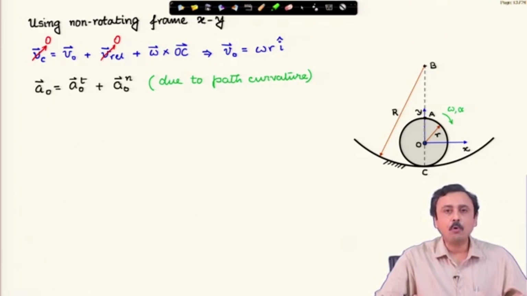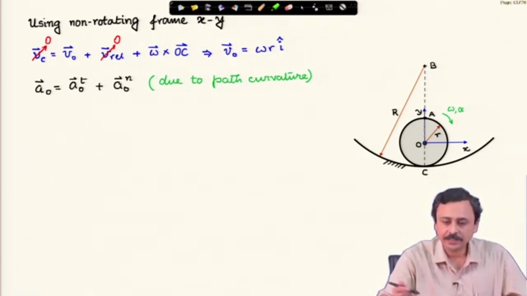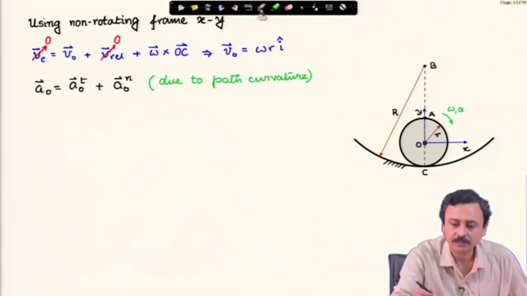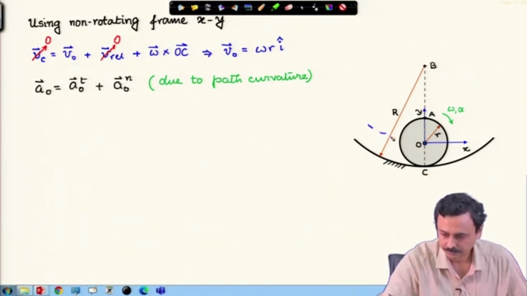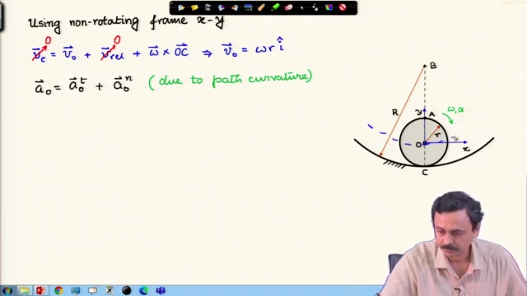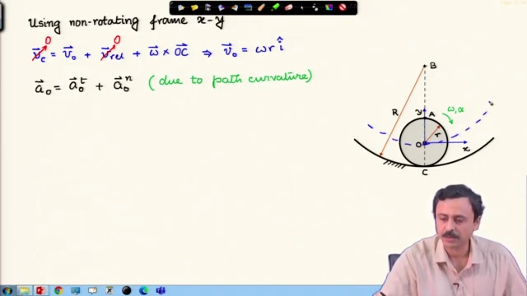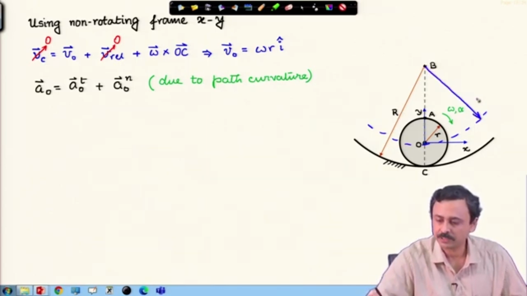Now, acceleration of O, the center point. The center point is moving on a circular path. And what is the radius of curvature of the path?